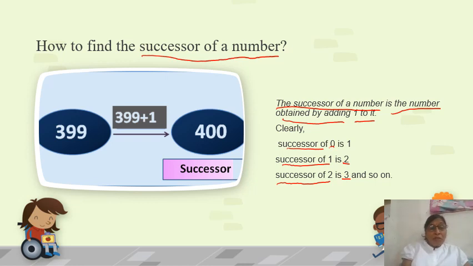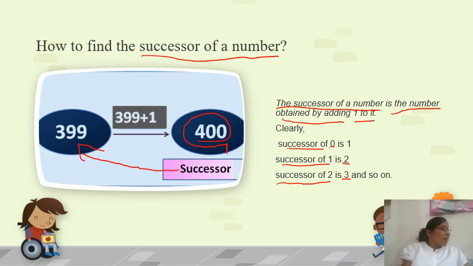Here the number 399, if we add 1 to the number, we get 400. That is nothing but the successor of the given number 399.